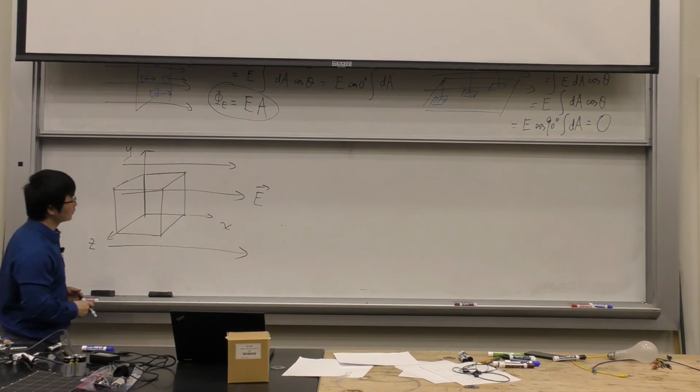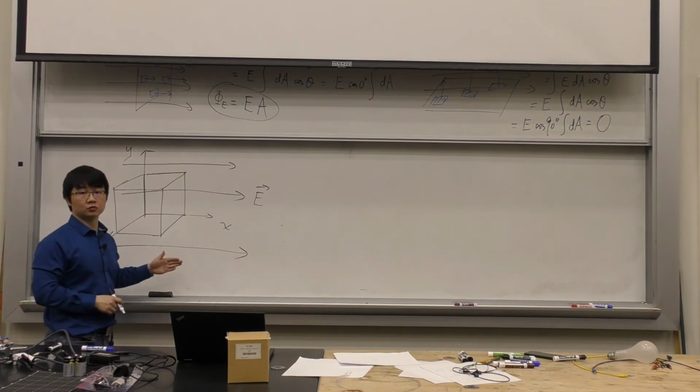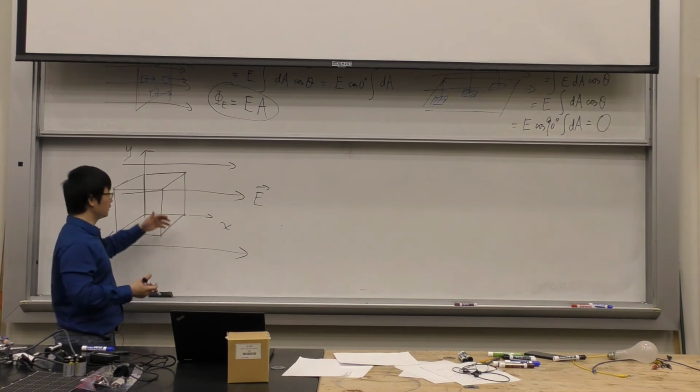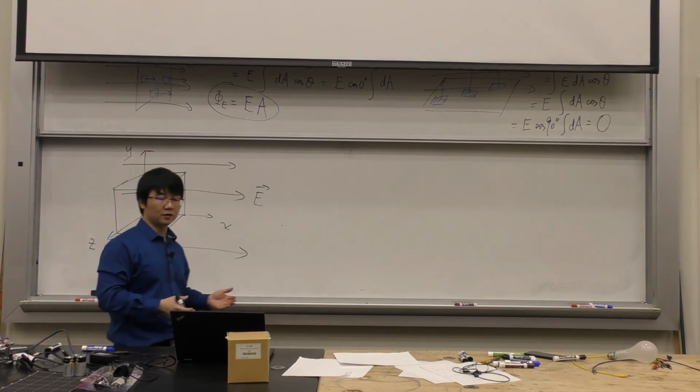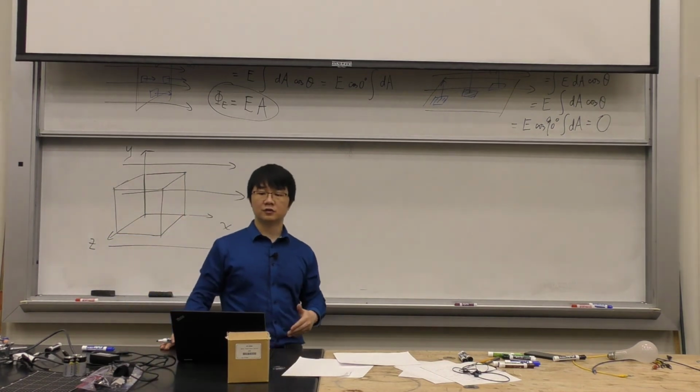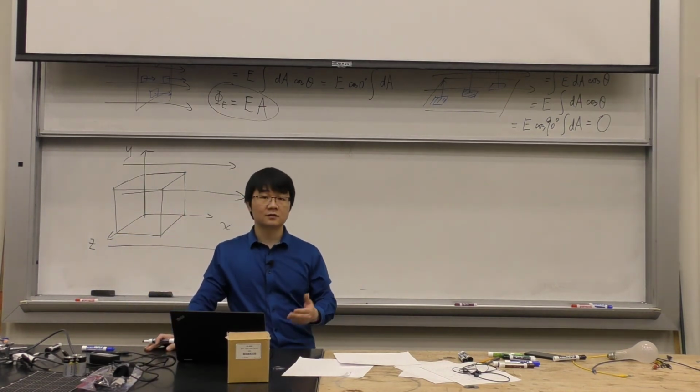Now we want to calculate the flux through this whole cube. Because this cube has six surfaces, all you need to do is calculate the flux through each surface using the definition, and then add them together.